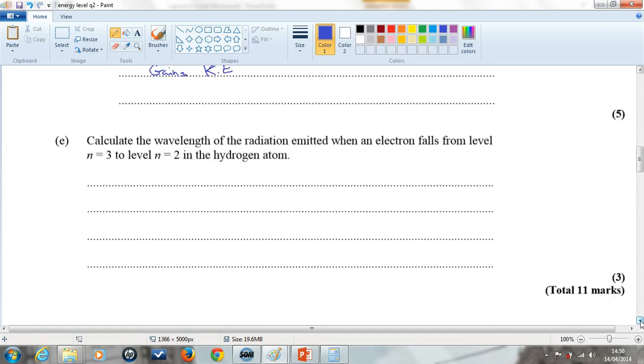And the final part of the question wants us to calculate the wavelength of radiation when an electron falls from n equals 3 to n equals 2.